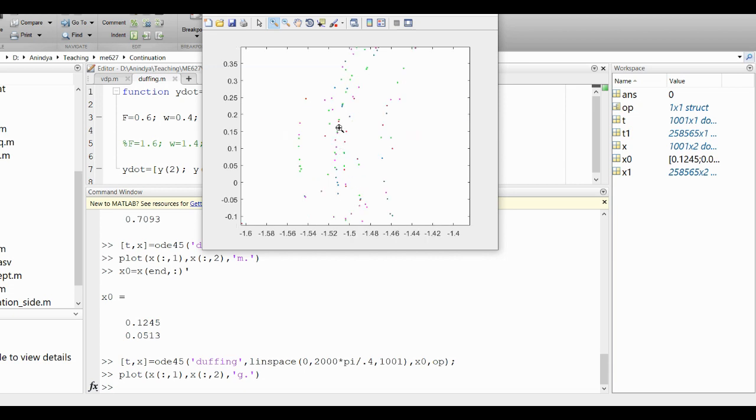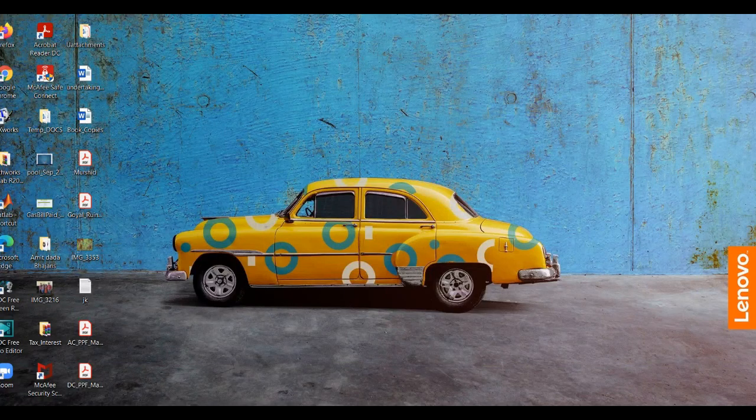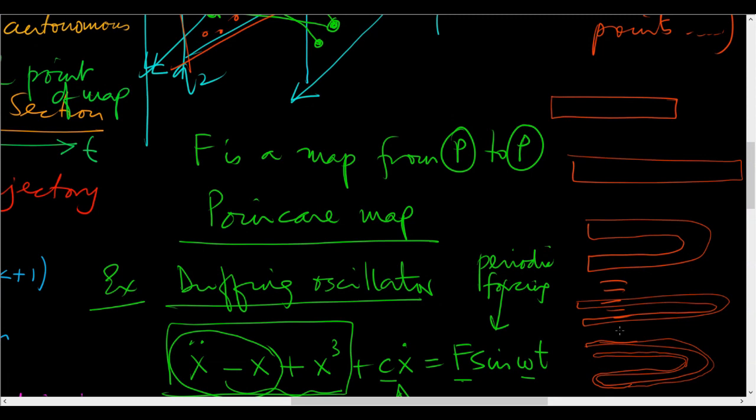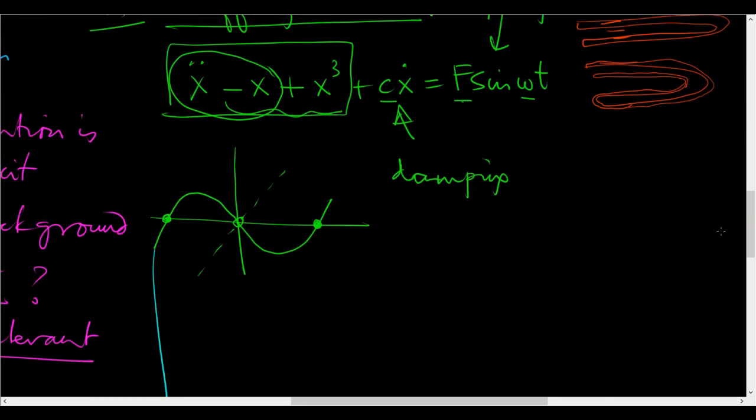And this thing which looks like a line, if you take thousands and thousands of points, then you will see that there are actually many lines there. So these things are called self-similar structures. Okay, so these sets are self-similar.